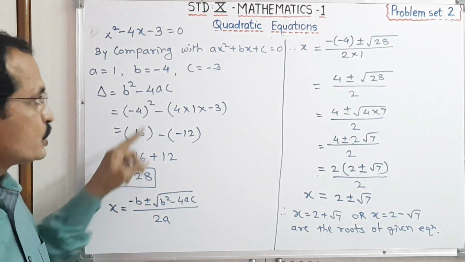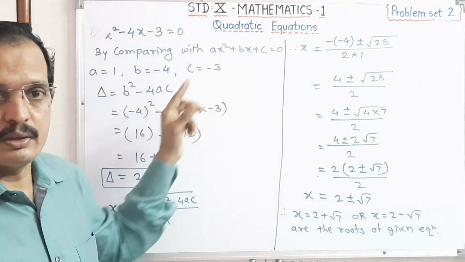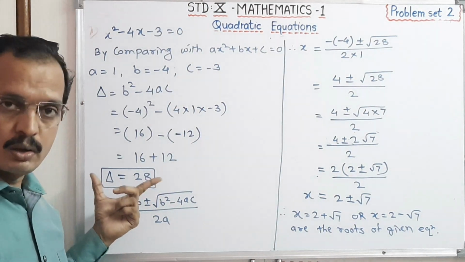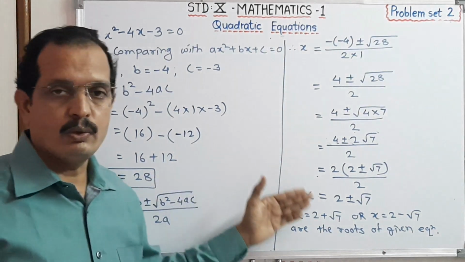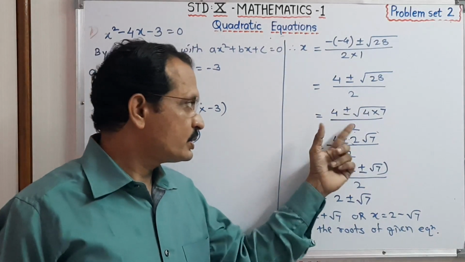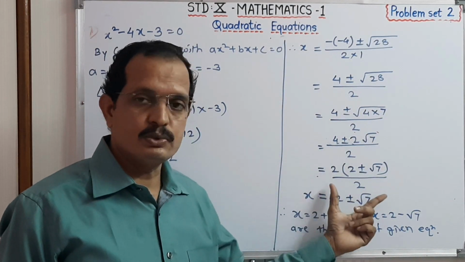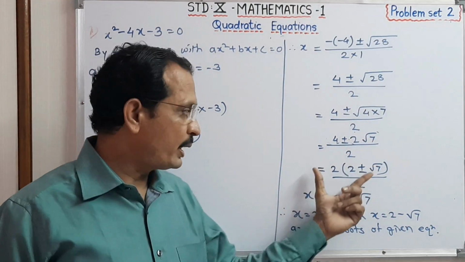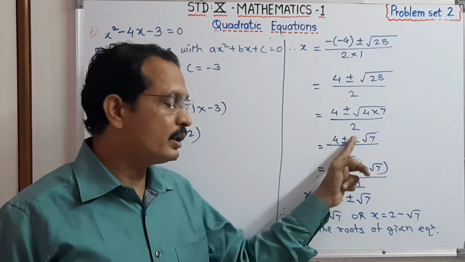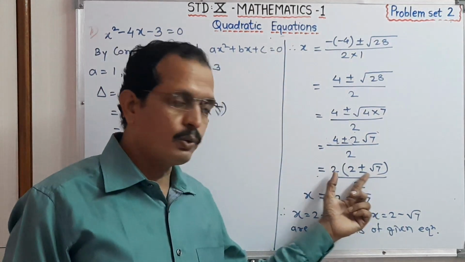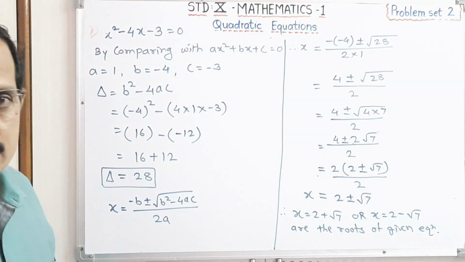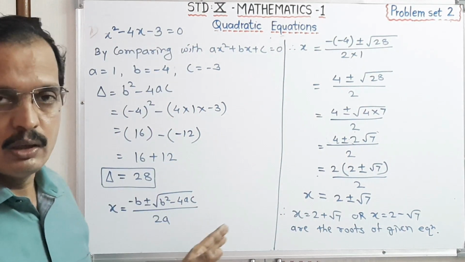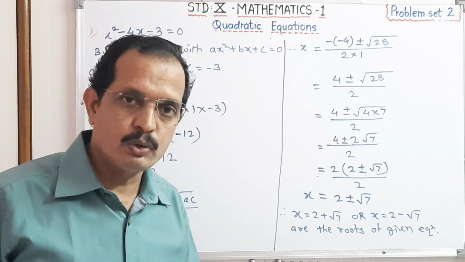When we have to solve by formula method, consider or think about the value of delta and then decide whether we have to solve further. Next, in this such type of sums, we have to simplify by this way. If we simplify here, then it will be wrong. Therefore we have to take out this common. Now I think everyone understood this. Try to solve this sum in your notebook.